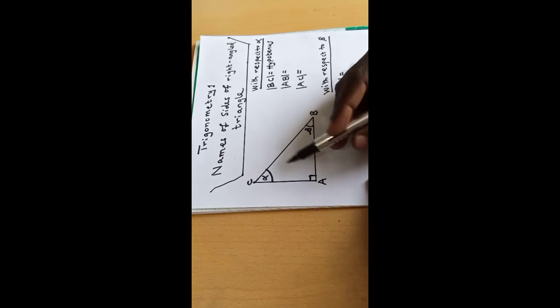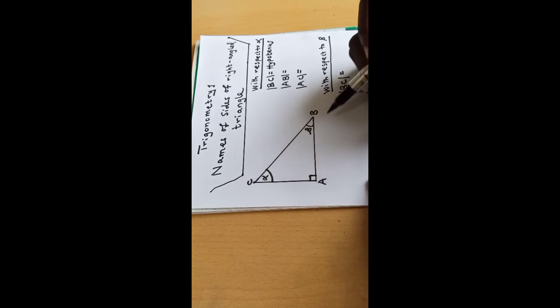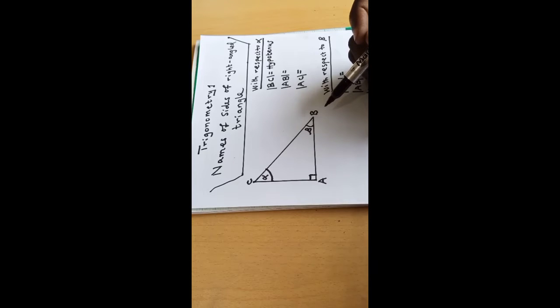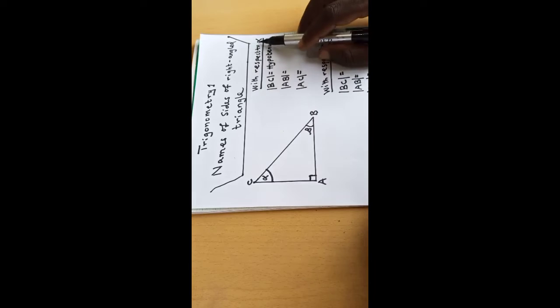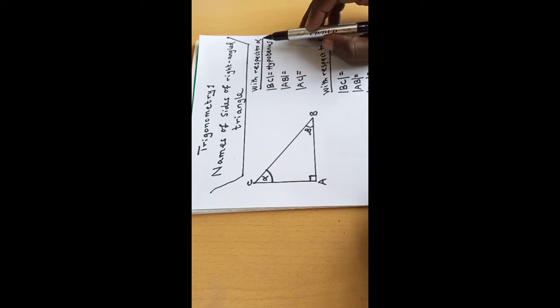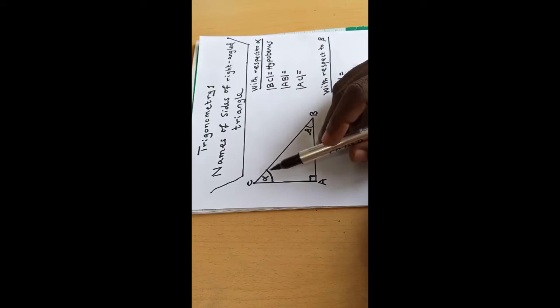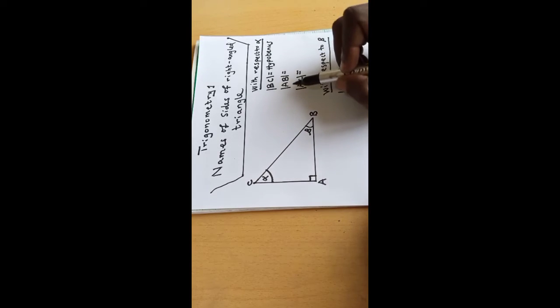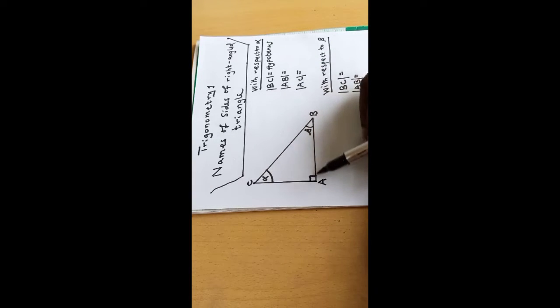Now, with respect to AC and AB, we do not have any specific name for them except with respect to the angle that we are looking at. So with respect to angle alpha, AB will represent the opposite.